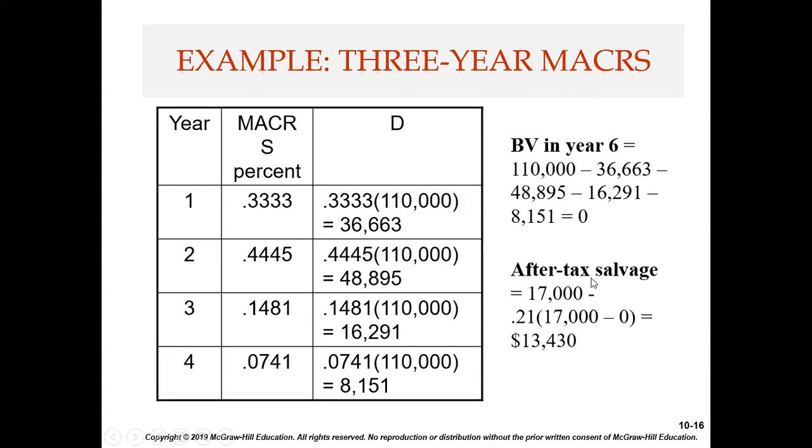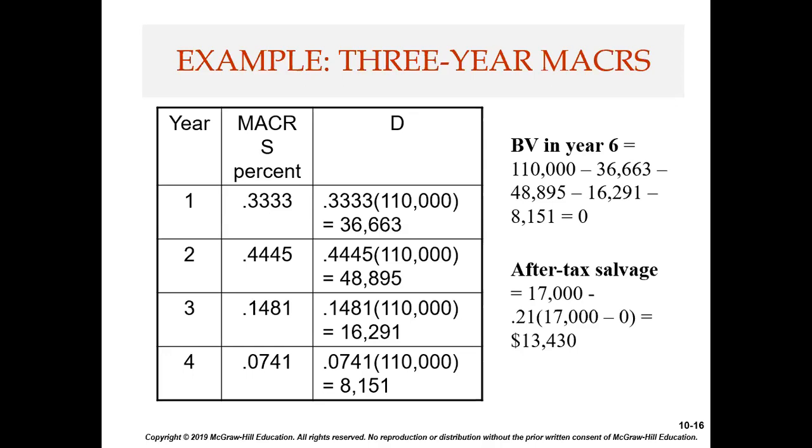What is the after-tax salvage value of this asset? Well, we know the salvage value is $17,000 at the end of year 6. Now subtract from that the tax on any part of the salvage value that would be used to determine tax.